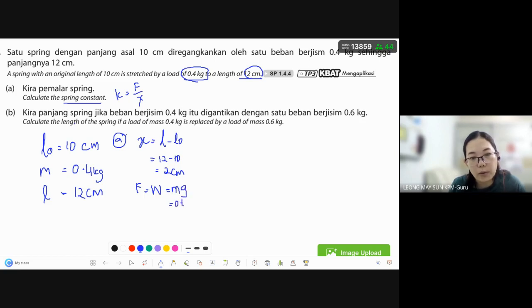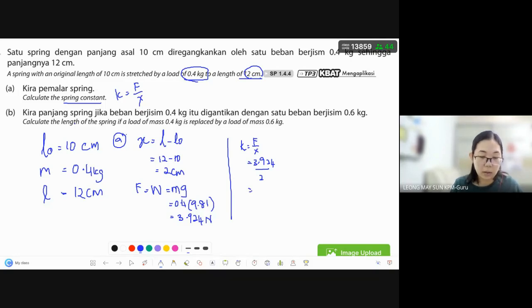So that would be 0.4 times 9.81, which is 3.924 Newton. Therefore K equals F over X, 3.924 over 2. So the spring constant is 1.962 Newton per centimeter. You don't have to change to meter. I repeat, you don't have to change to meter.